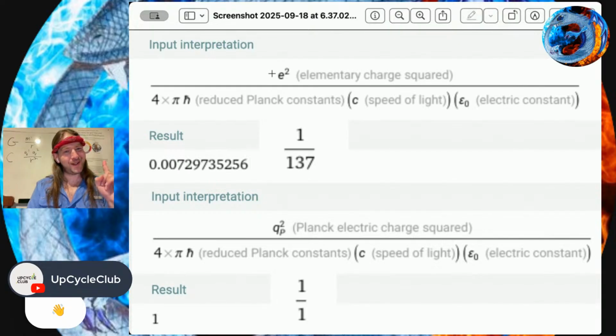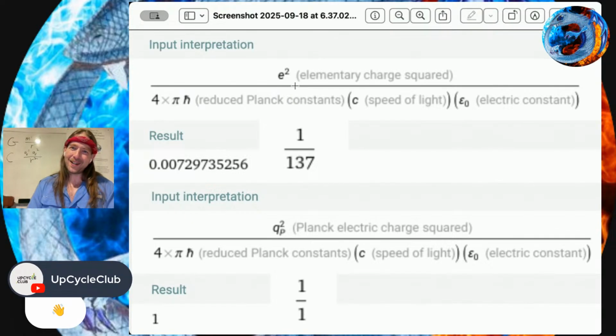So if you do this one trick, and you take the definition of alpha, the fine structure constant, the constant of proportionality, the reason why electromagnetism is about 1/137th as strong as the strong force.